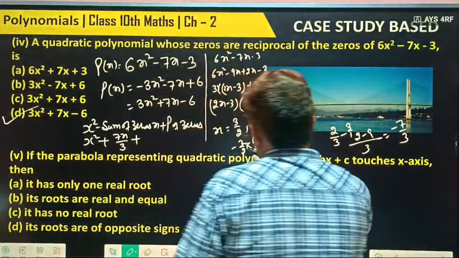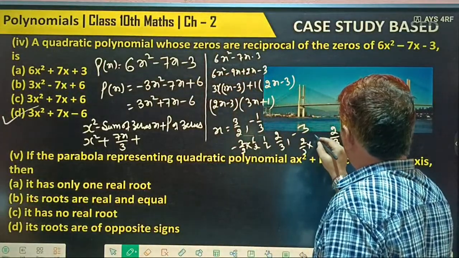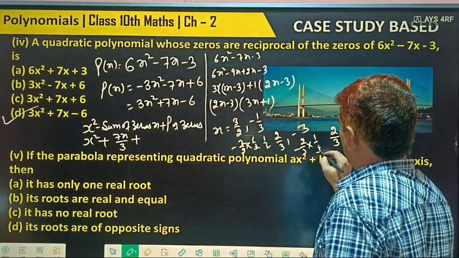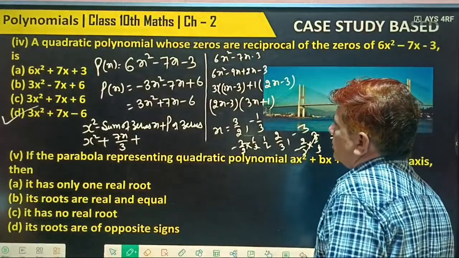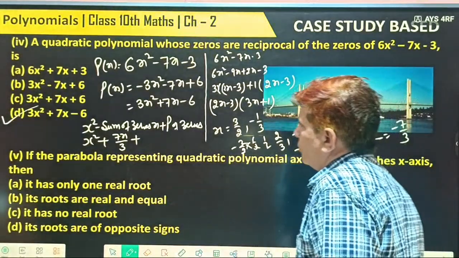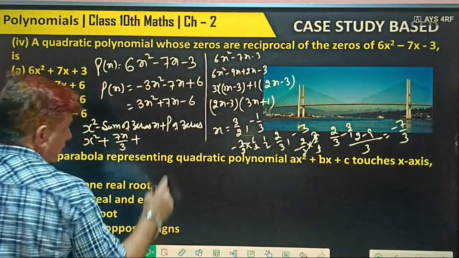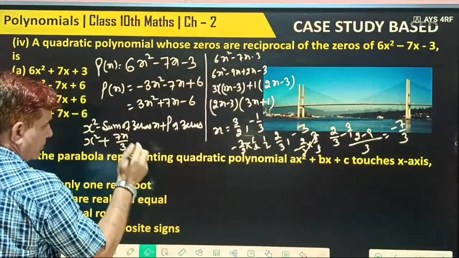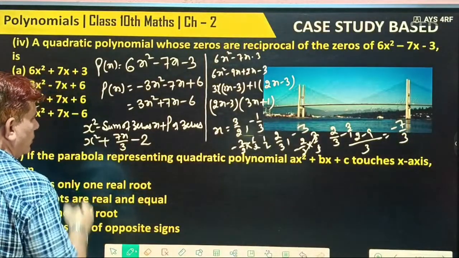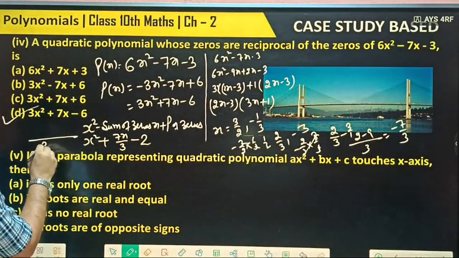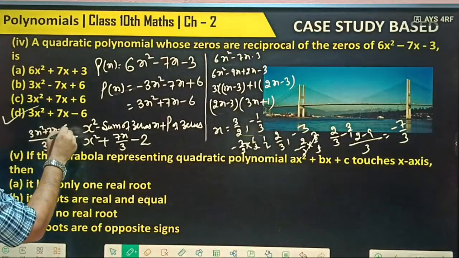The product of the zeros is the reciprocal of it. So you can write 2 by 3 into minus 3 by 1, cancel out. Understood? So how much? Minus 2. So LCM 3 taken, and it becomes 3x square plus 7x minus 6.